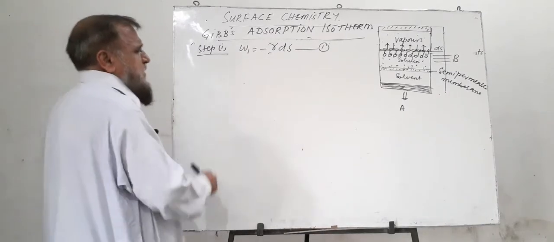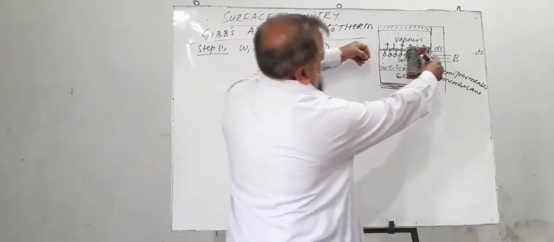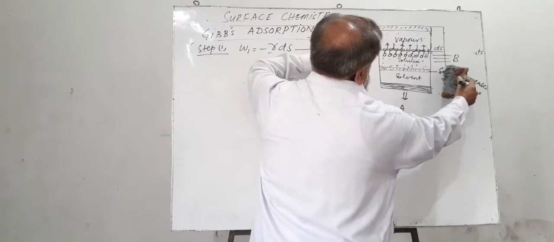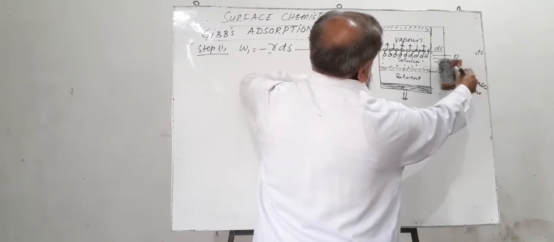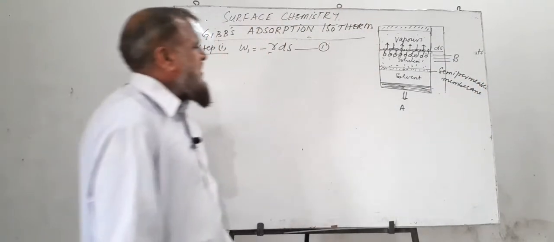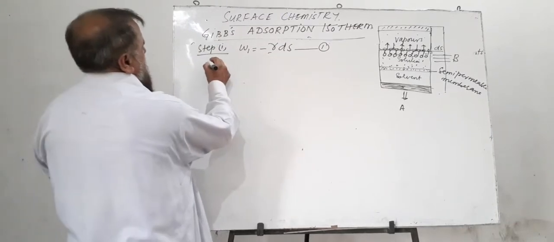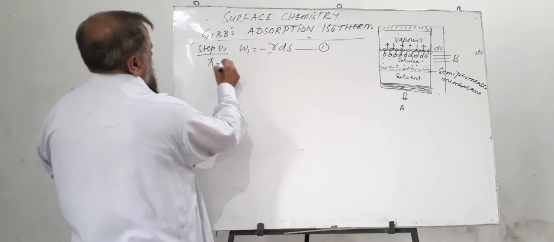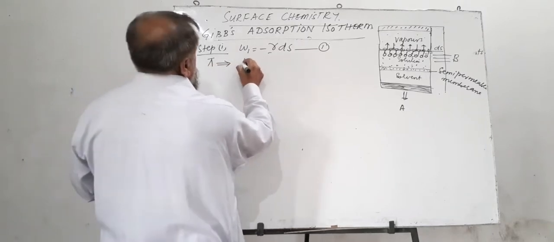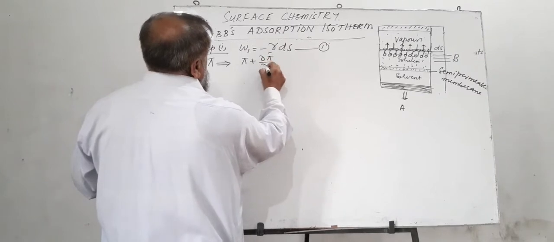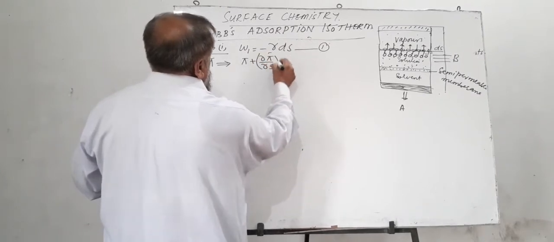Now during this process, as the surface is stretched, the surface area increases, and as a result the osmotic pressure will also increase. The osmotic pressure, which was initially pi, now changes to pi plus del pi over del S, keeping the volume constant.